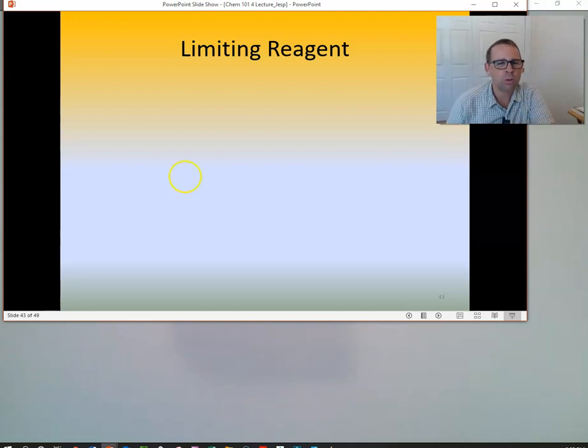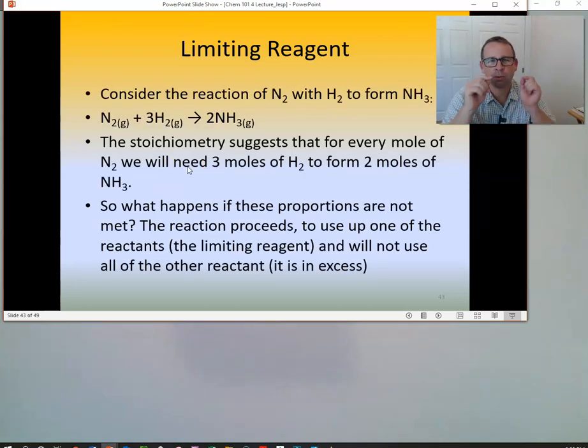All right? So when 2 materials react together in a chemical reaction, like nitrogen and hydrogen coming together to form ammonia in this reaction, if you have a lot of one, like if I have 16 hydrogens, for example, and I have 1 nitrogen, even though I have extra hydrogen, that 1 nitrogen is going to limit the number of ammonia that I can get.